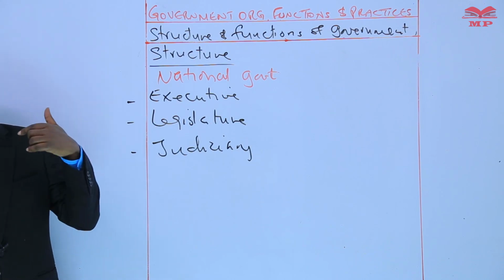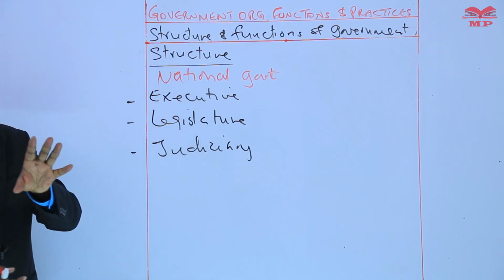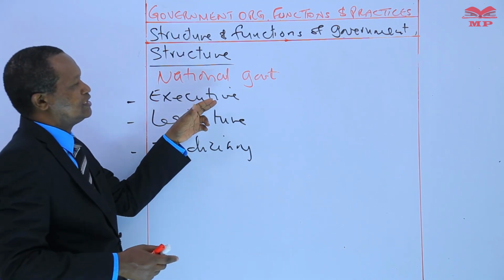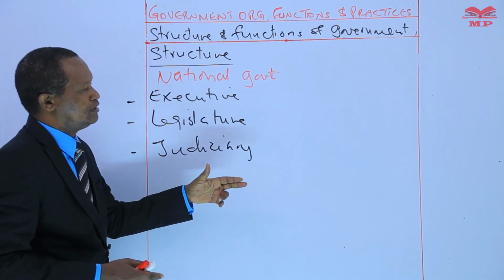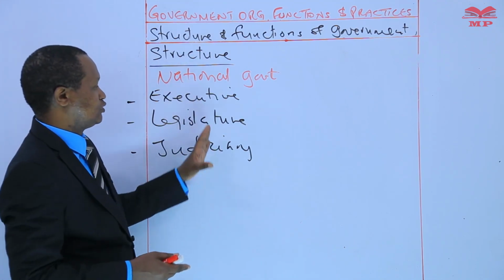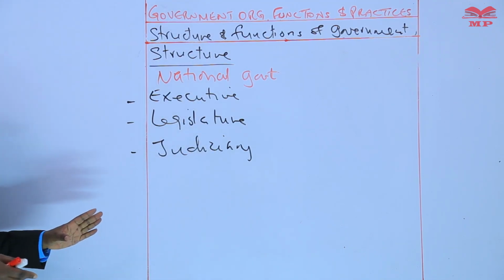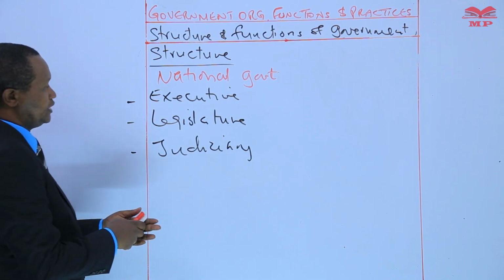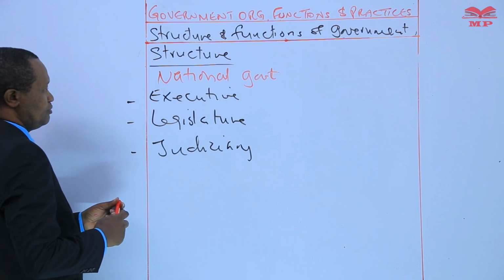We have the Office of the Auditor General and many other commissions. And of course, within these branches, there could be other agencies, departments, and so on. So the national government comprises three main branches.